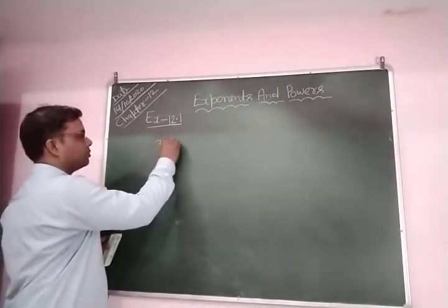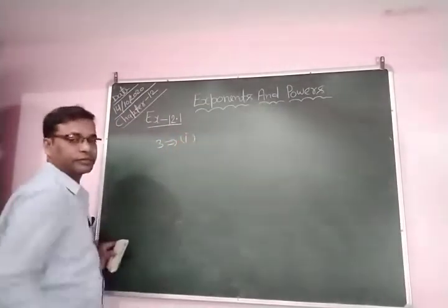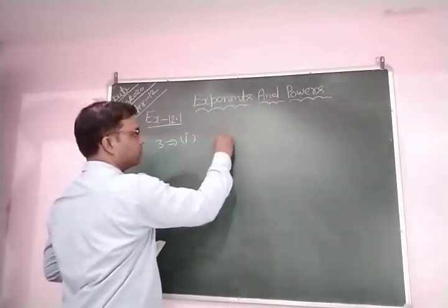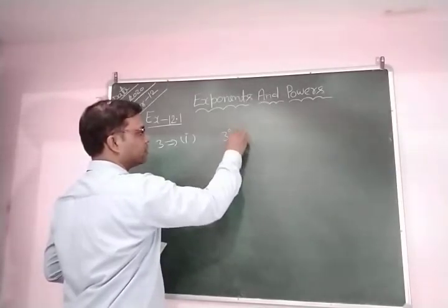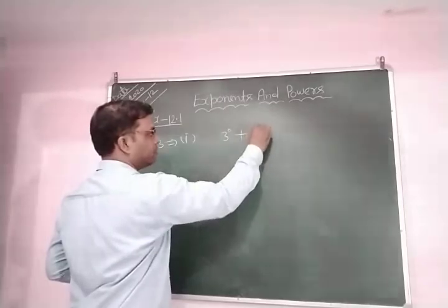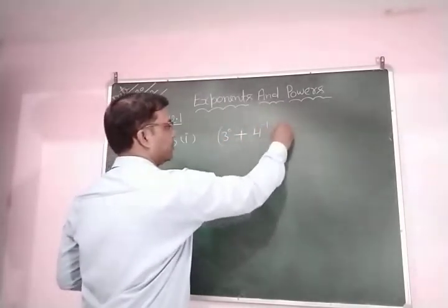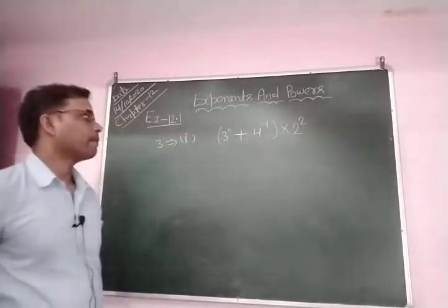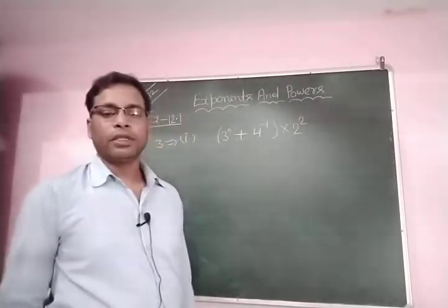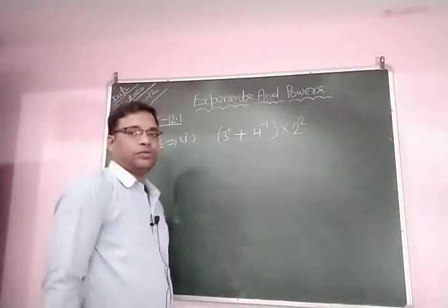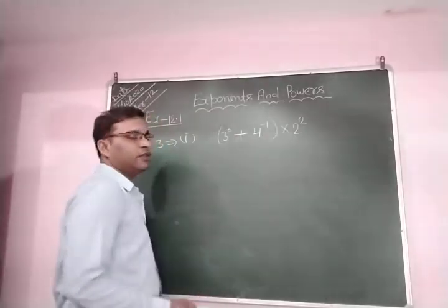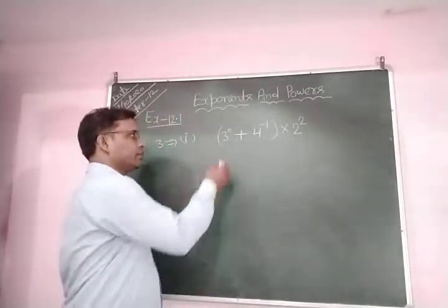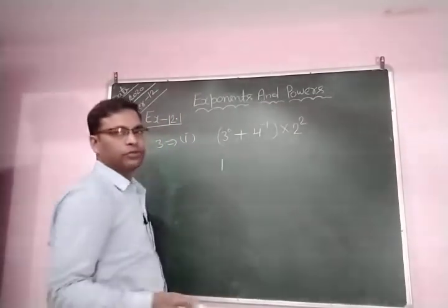The first part of this question number third is 3 power 0 plus 4 power minus 1 into 2 power 2. You can see, if any number has power 0, its value is 1. So 3 power 0 becomes 1.